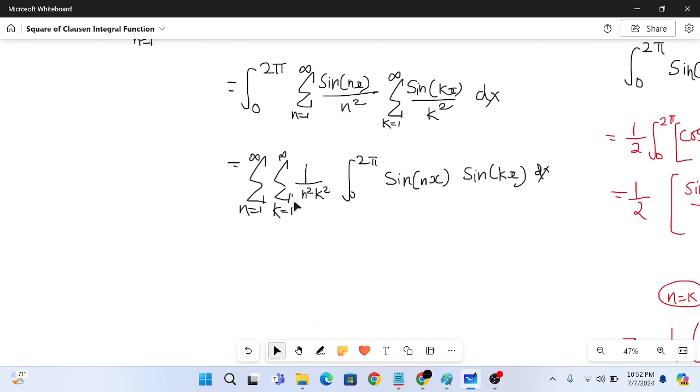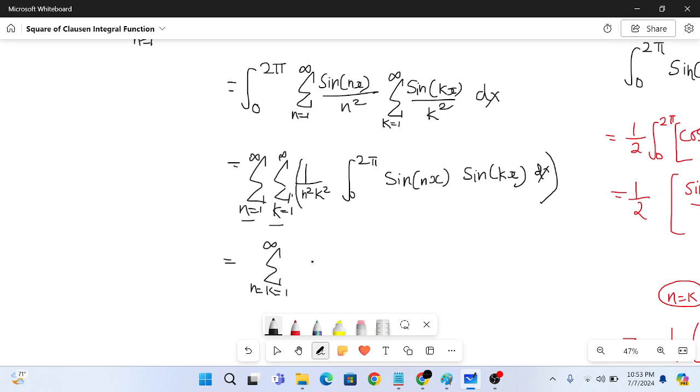So over here, whenever in the sum n and k are different, this term will just go to 0 because the integral will be 0. So we only need to consider the cases where both are the same. Let's just take a sum in which both are equal, going from 1 to infinity. We can take only one sum, because we can take the first sum and for the second sum consider only one value.